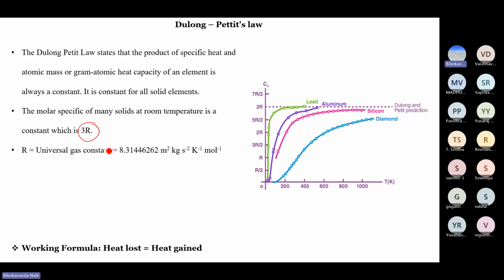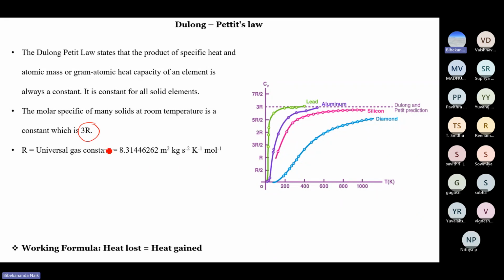Here R is the universal gas constant, whose value is 8.314 meter square kg divided by second square Kelvin into mole. Actually, Dulong-Petit's law is not valid under all conditions, but at higher temperature, as you can see from this graph, this is the variation of Cv.